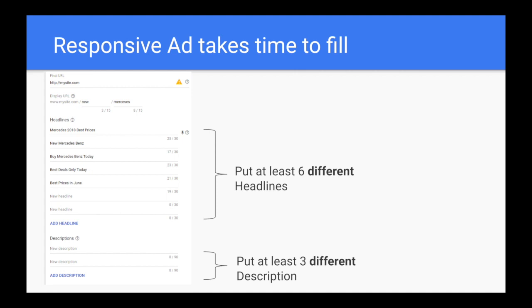It looks cool, but in fact it has so many different combinations that testing will never end. So what you should end up with is about 8 to 9 lines in headlines and about 3 to 4 lines in descriptions. And then you can copy this responsive ad and put it in your different ad groups because it will always be almost the same through different keywords.